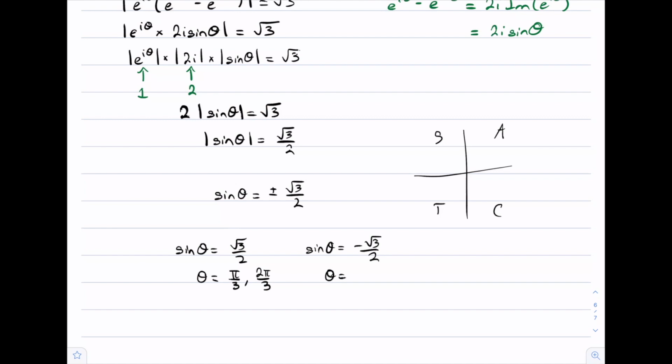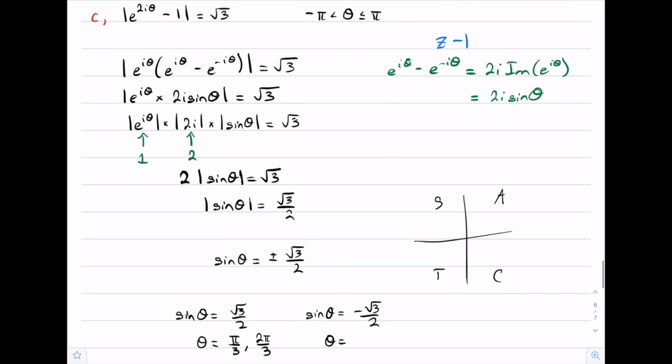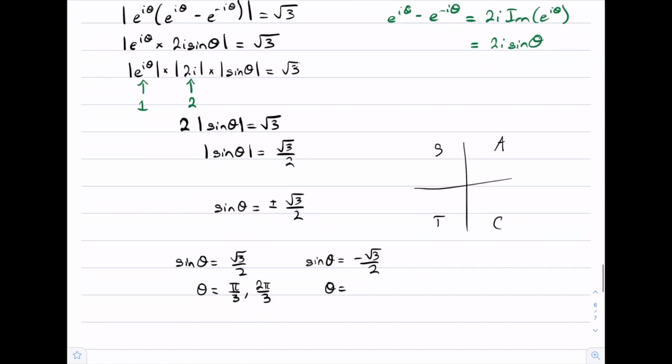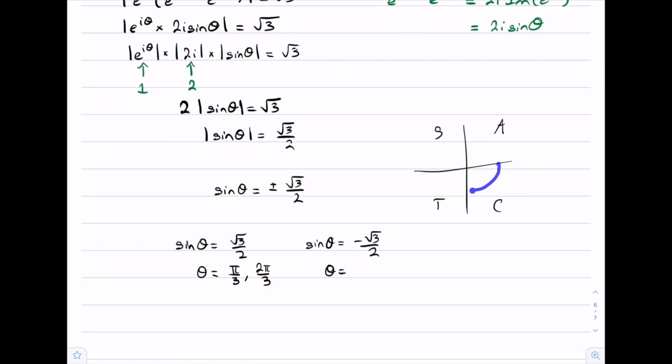For the second equation, when we're looking at minus root 3 on 2, that tells us we're going to be in the third and fourth quadrants. Okay, but we're not going all the way around like this because that would now exceed our restriction of being less than pi. So instead we have to actually go in the opposite direction.